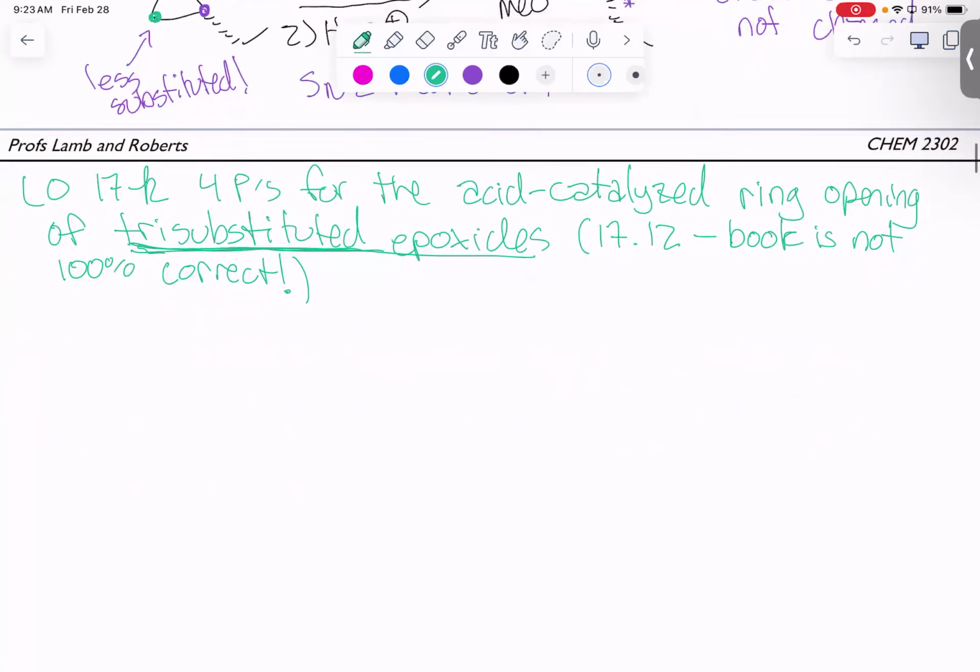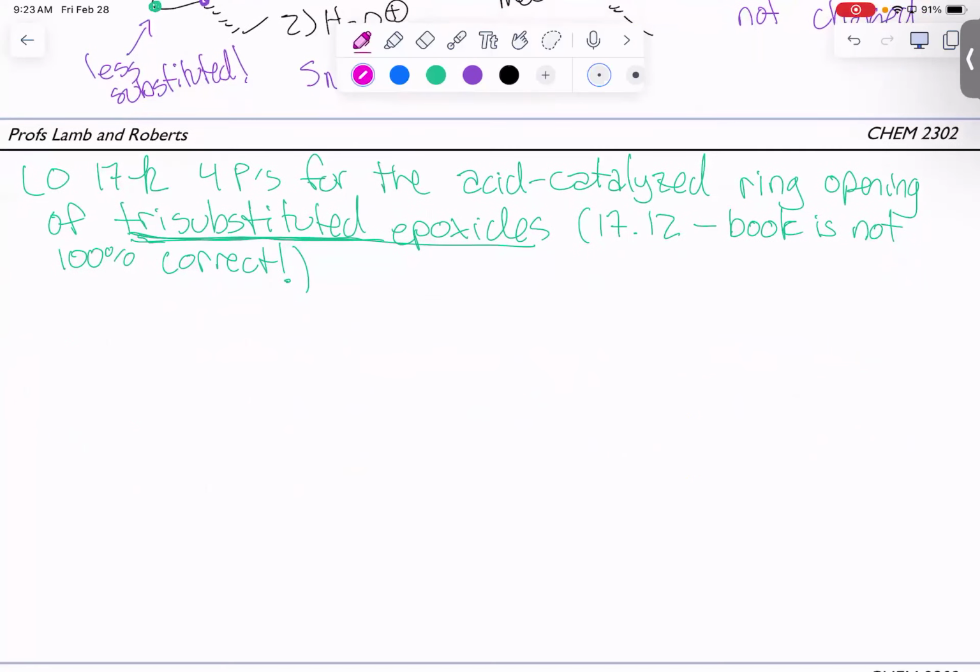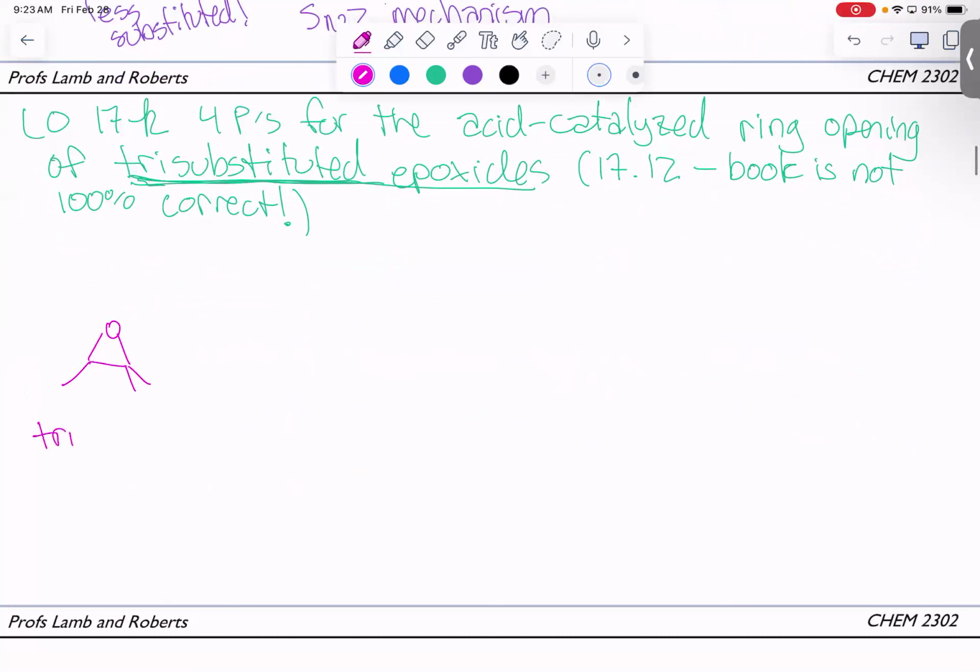Okay, so let's take a look at what the scenario is going to look like. A tri-substituted epoxide means we're substituted with 3 things. Right, our oxygen has 2 bonds to it, meaning it also has 2 lone pairs of electrons. So our learning objective calls for this to be acid catalyzed.